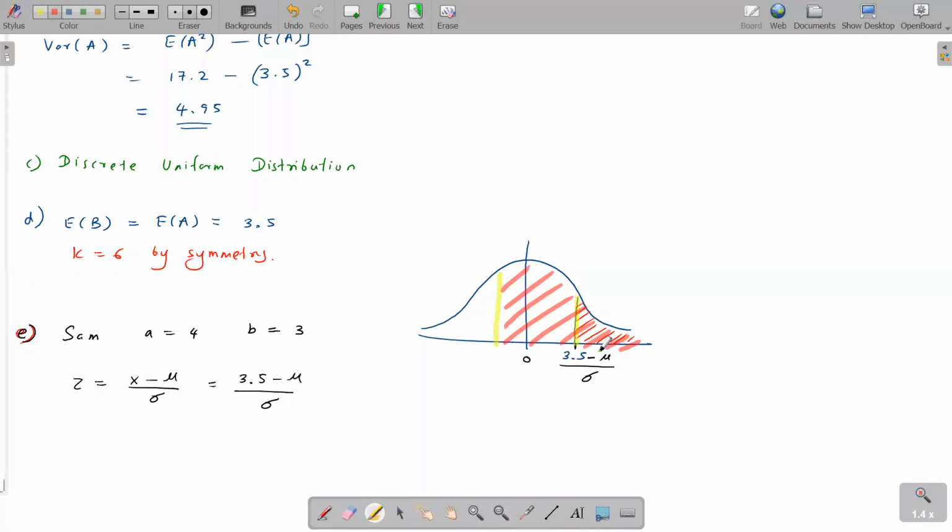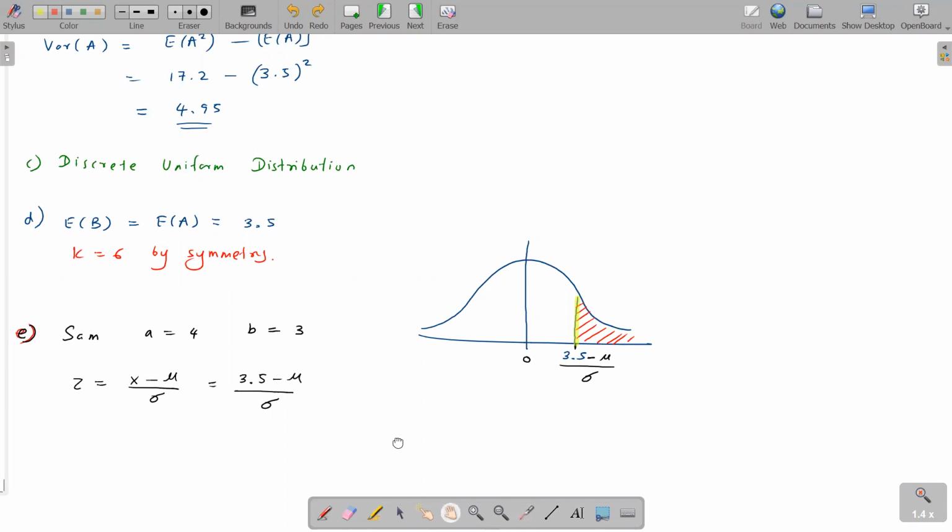So to win, the requirement is that the person who wins will have the lower z value. The comparatively lower z value person should be the winner.